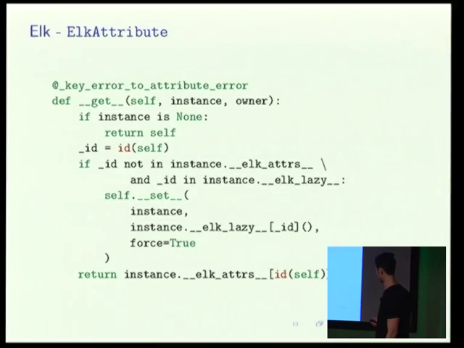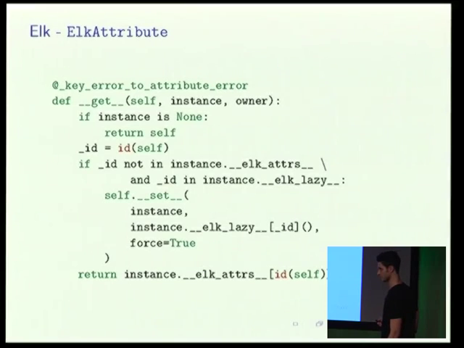Okay, ignoring this, if instance is None, return self. If the ID of this descriptor object is not in the ElkAttribute dictionary on the instance, and if it is in the ElkLazy dictionary in the instance, then we're going to invoke this closure here, which will construct a value for that attribute, and we're going to set that.